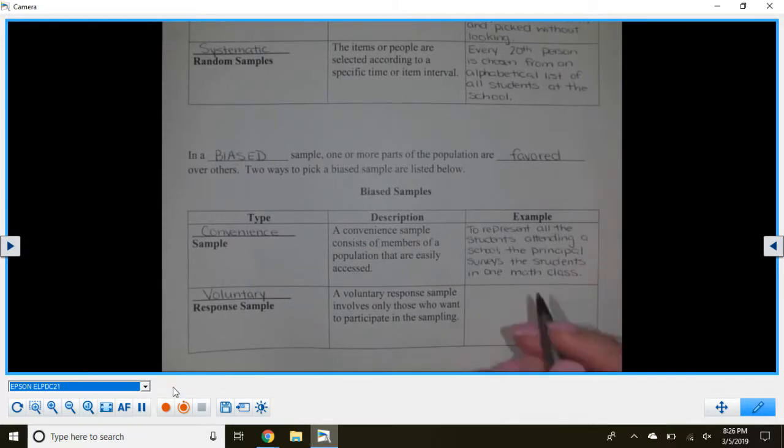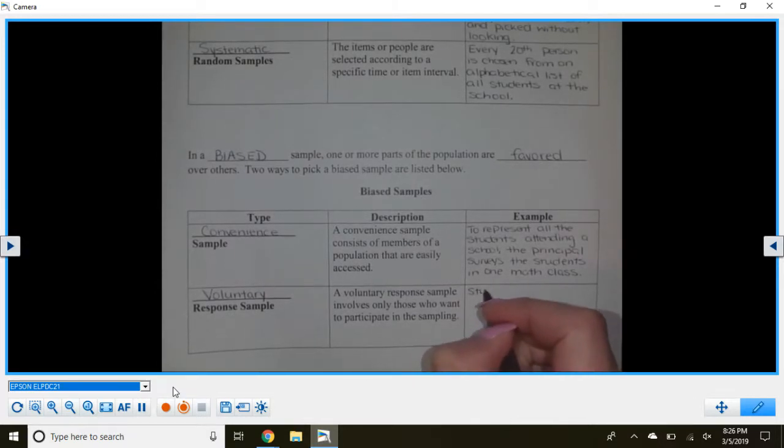So, for example, students at a school who wish to express their opinions complete an online survey.